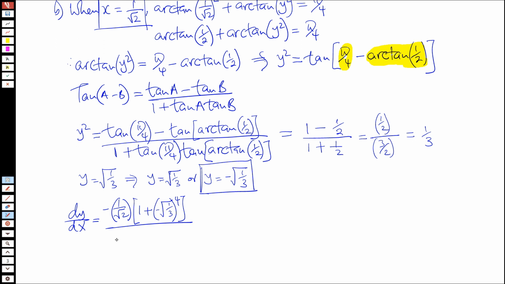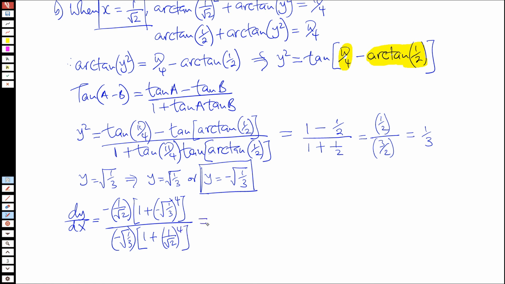So again, y is negative square root of a third multiplied by 1 plus 1 over root 2 to power 4.